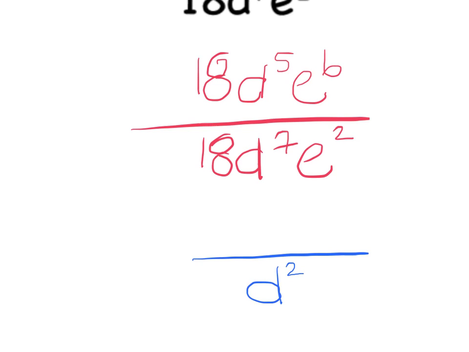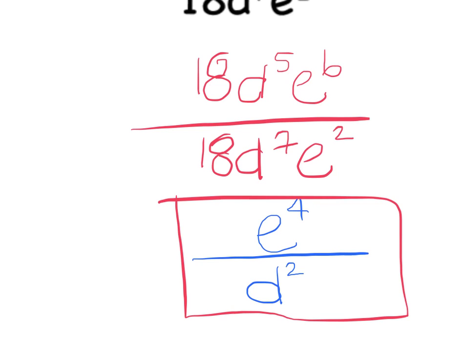And then e to the 6th divided by e squared is going to give me e to the power of 4. And I have more e's in the numerator than I do in the denominator. So I'm going to put e to the 4th in my numerator. So my final answer looks like this: e to the 4th divided by d squared.